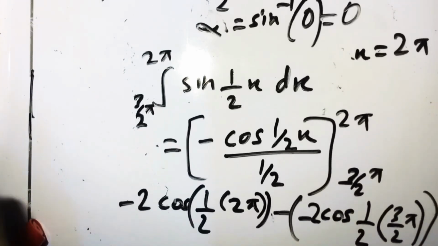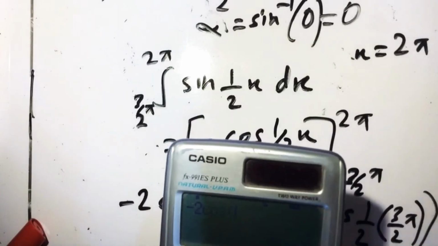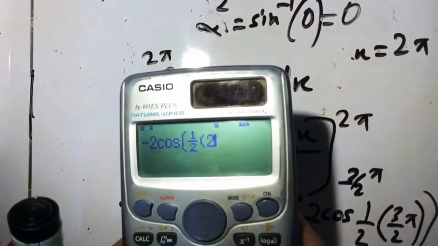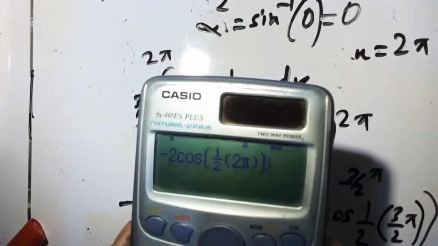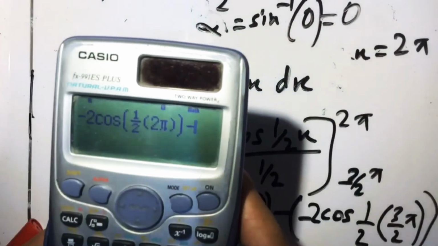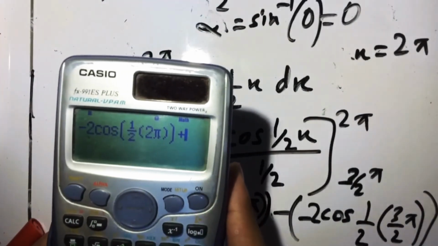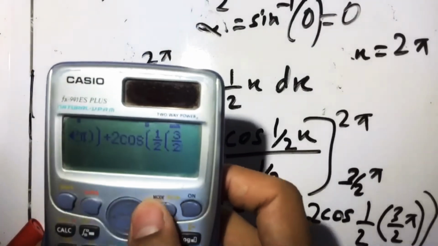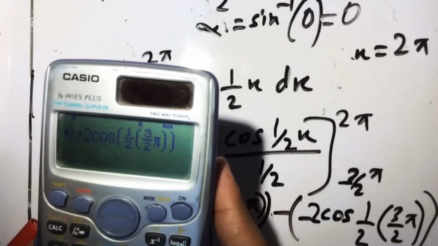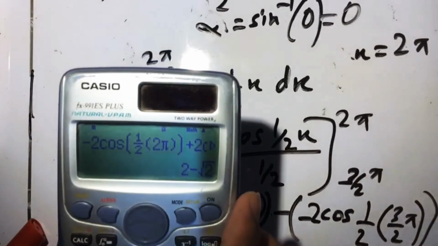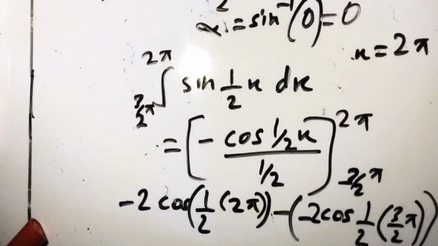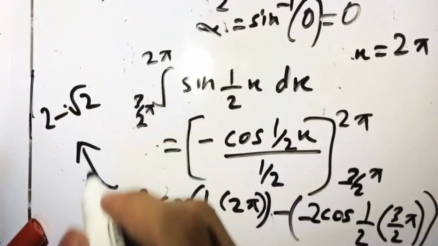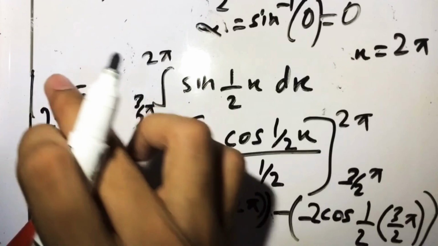So putting this in the calculator, minus and minus becomes plus. This is coming equal to 2 minus under root 2. This is the area under the curve.